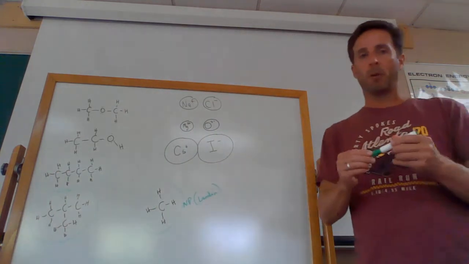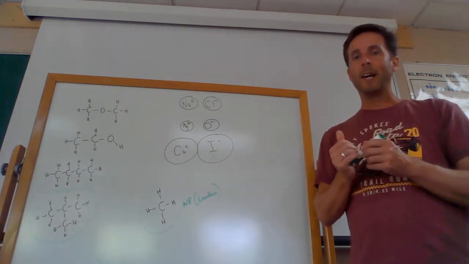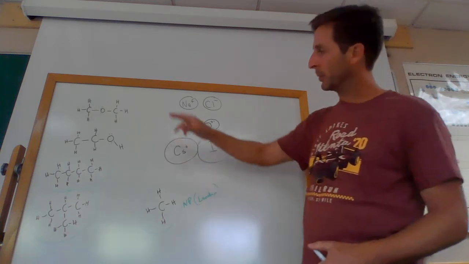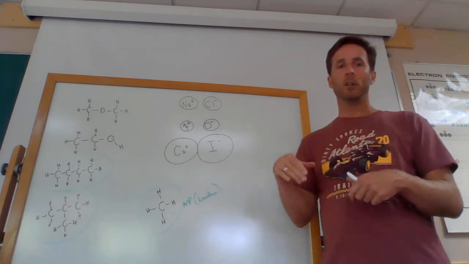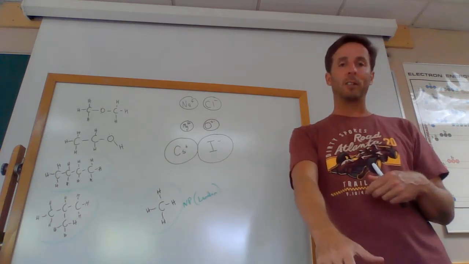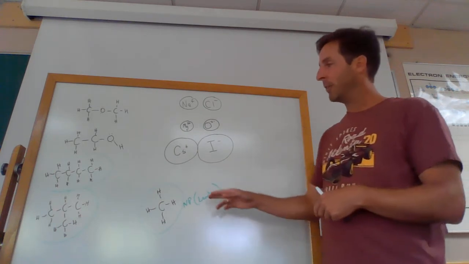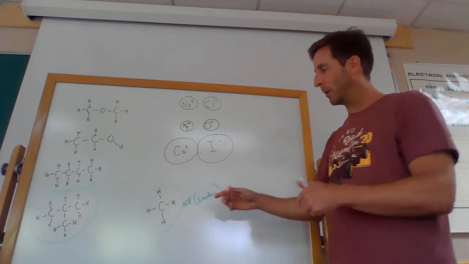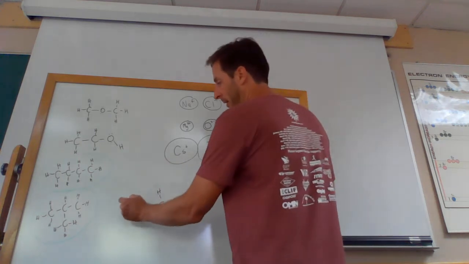Those are all nonpolar. So I want to rank them. There are 1, 2, 3, 4, there are 8 molecules. So I'm going to say number 8 is the lowest boiling point. Of the nonpolar molecules, the smallest one is going to have the lowest boiling point. So CH4 is going to be number 8.